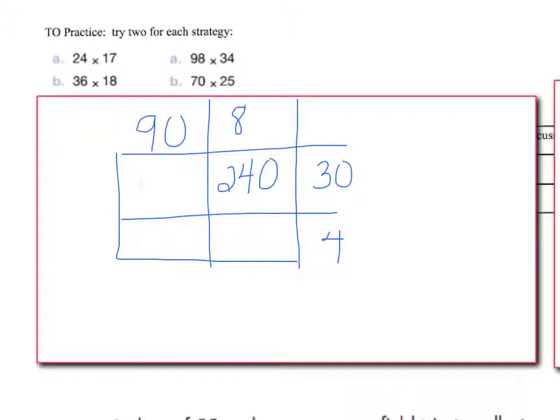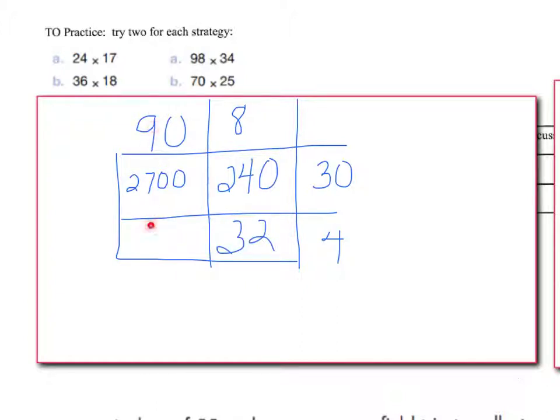Here in this box it's 90 times 30, 9 times 3, 27. We took off 2 zeros, so we have to add those 2 zeros back on when we're annexing 0. And in this box, it would be 8 times 4, which is just 32.